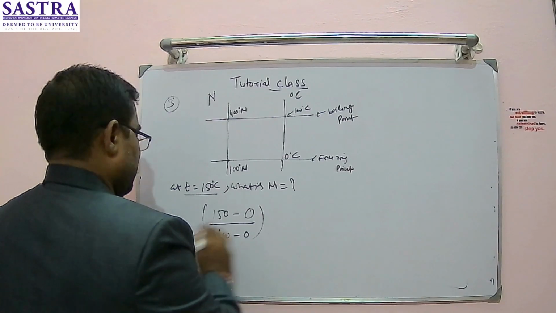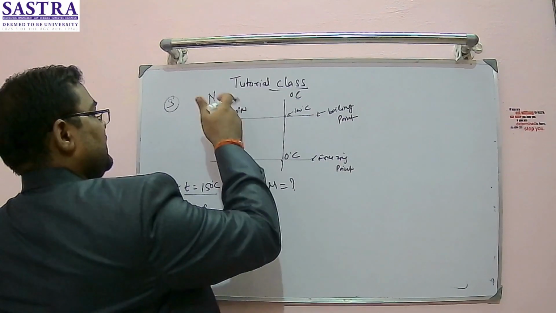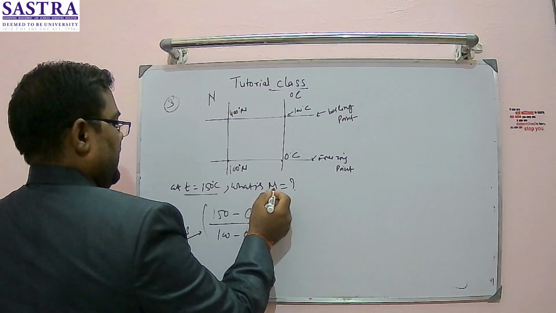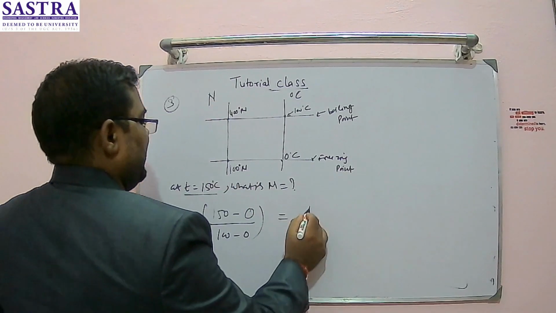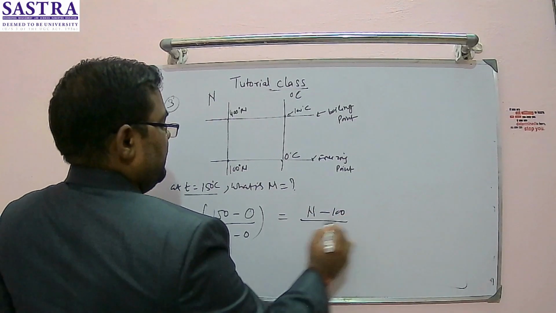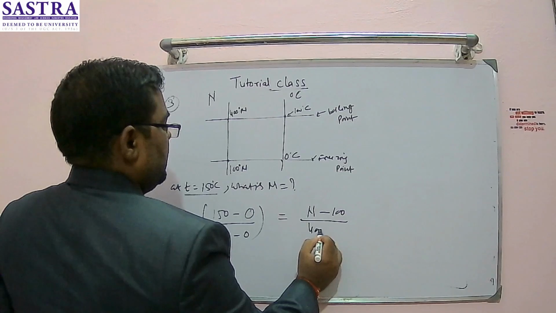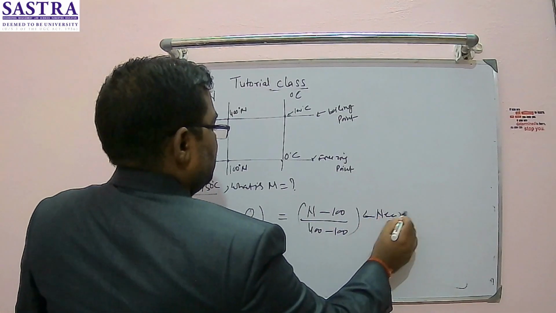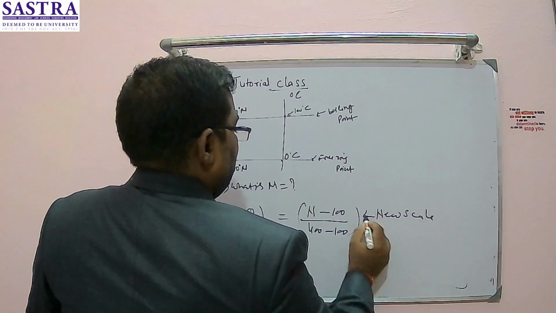I have written this, but I do not know what is the value here at 150. So N value I am assuming N only. So N minus, what is the freezing point here? 100, divided by boiling minus freezing. This is for the new scale I have written.